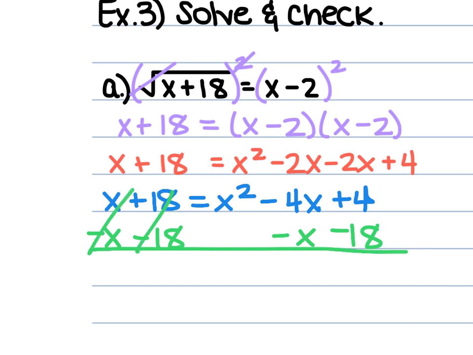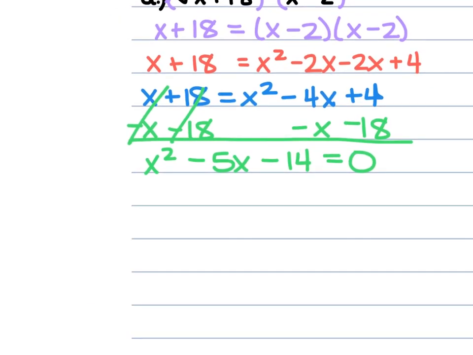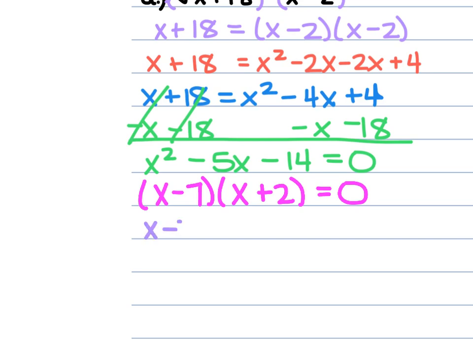So this is going to give us x squared minus 5x minus 14 is equal to 0. Your factors of negative 14 that add up to be the negative 5 are negative 7 and positive 2. So we're going to have x minus 7 times x plus 2 is equal to 0. From here, set each of them equal to 0 and solve for x.